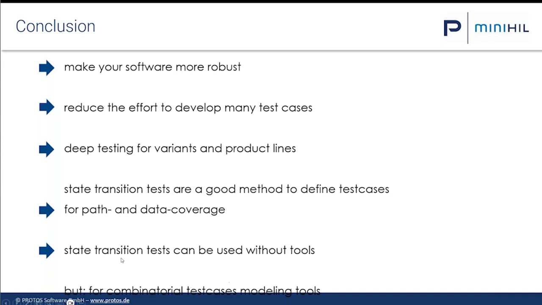And also state transition tests can be used without tools, but for combinatorial test cases, modeling tools are really useful. Because imagine those hundreds of or even thousands of test cases, you don't write them manually. You can generate them. That's the way to go.